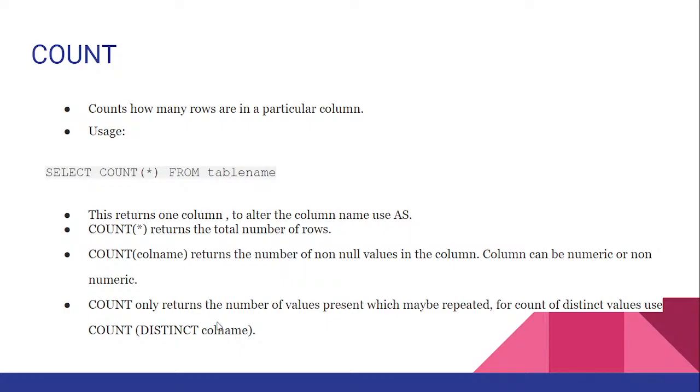When you use count distinct, what SQL does is it takes the column, takes the non-null values, that is the non-empty values in it, and then checks which are the uniquely occurring values. So the repeated values are only included once, and you only get the count of the unique values present within that column.